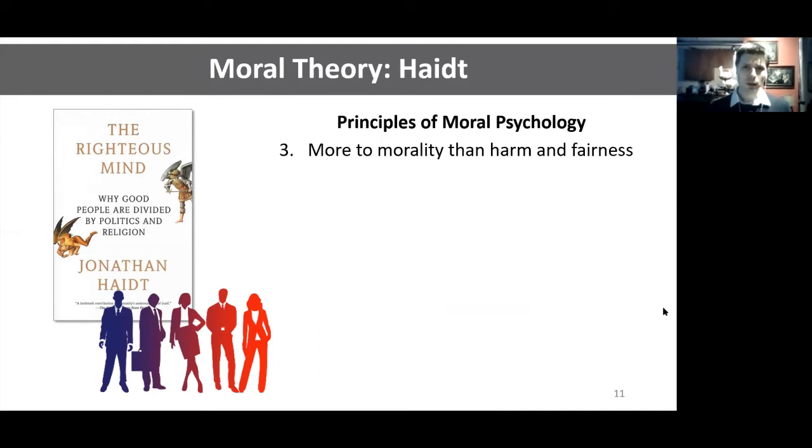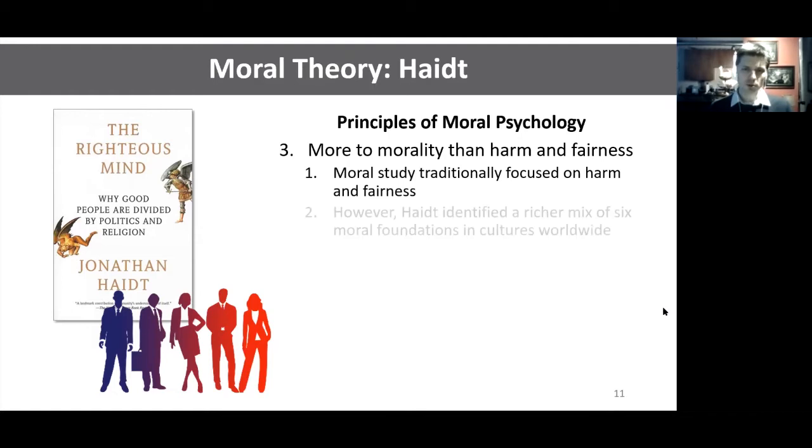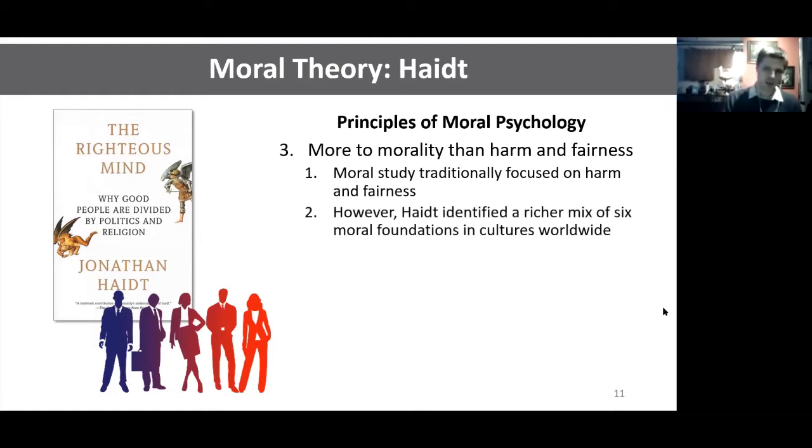And the third principle he talks about is that there is more to morality than harm and fairness. Again, I'm not a moral psychologist, but according to Dr. Haidt, moral study traditionally has focused on harm and fairness, the two ideas that are foundations to the way people see the world. However, in his work, he's identified a much richer mix of about 6 moral foundations that exist in cultures all around the world.